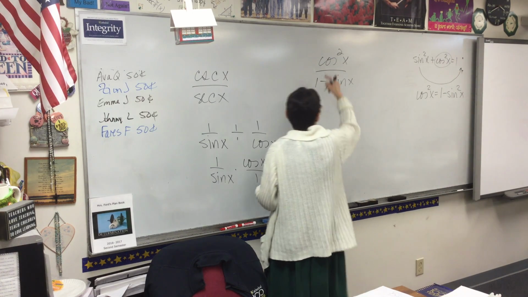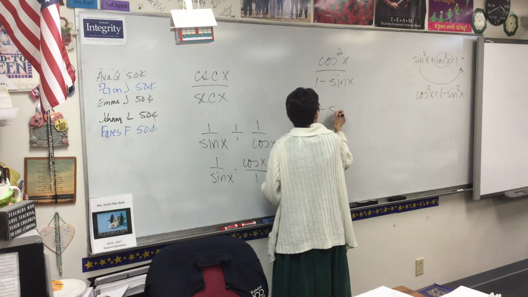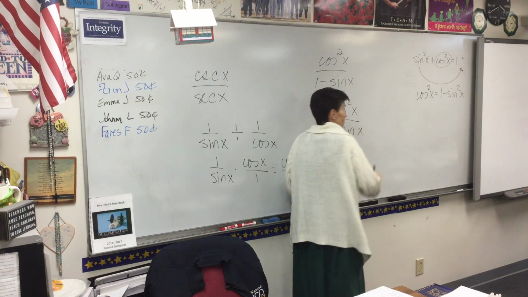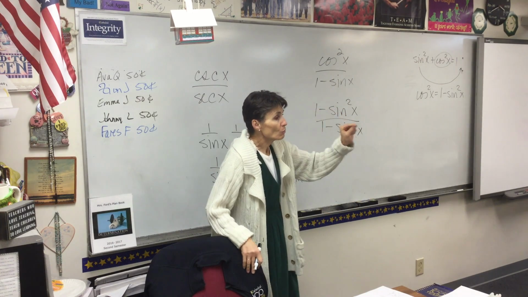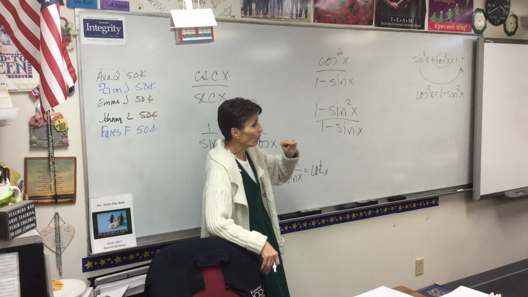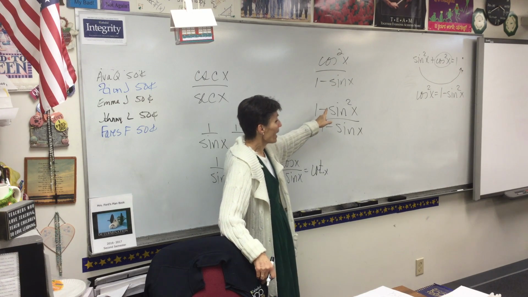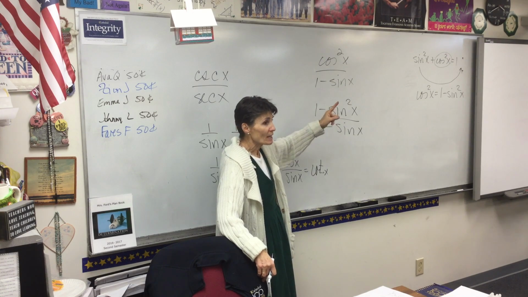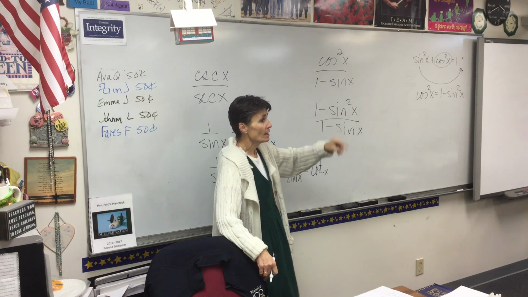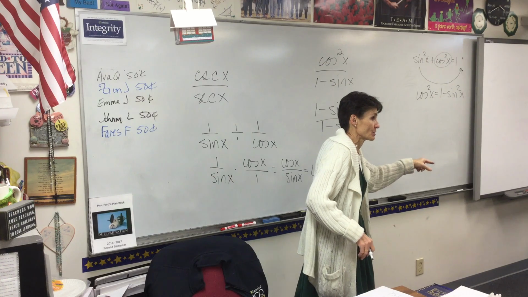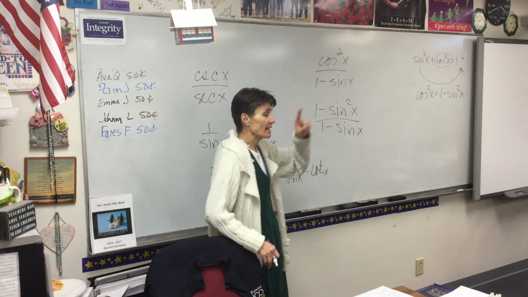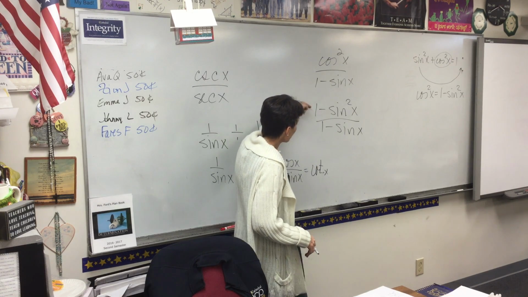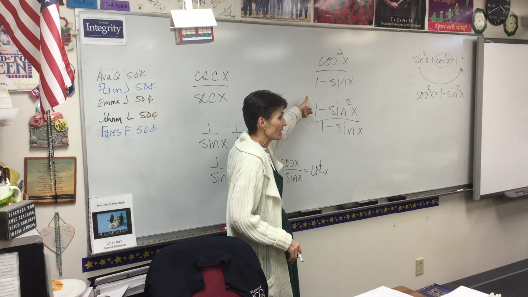So put that in right here. So we have 1 minus sine squared over 1 minus sine. Don't cancel at this point. Whenever you have adds or subtracts in your problem, you cannot cancel unless you factor first. So is there any way to factor that numerator?